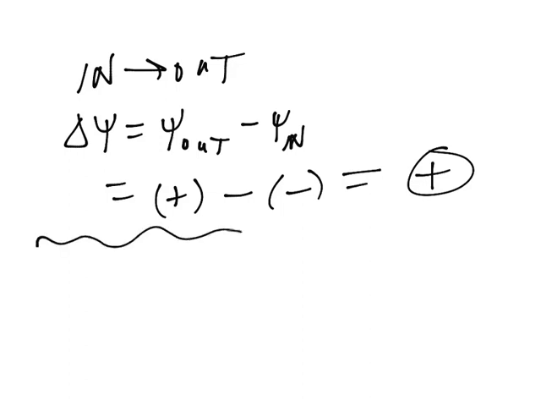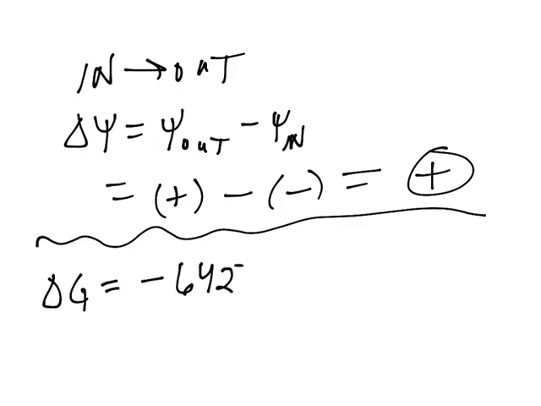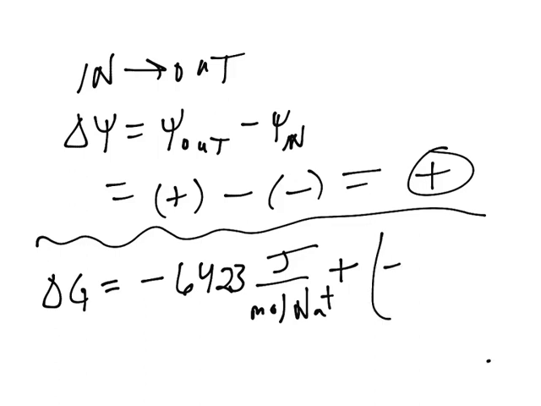So if we come back and do all the math, plug all those numbers into our calculator, we find that delta G equals negative 6,423 joules per mole. And remember, we're talking about per mole of sodium cation here. Plus, so that was our chemical potential, which was negative, like we thought, plus a negative 4,824 joules per mole of sodium cations.